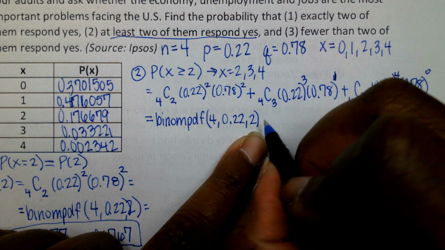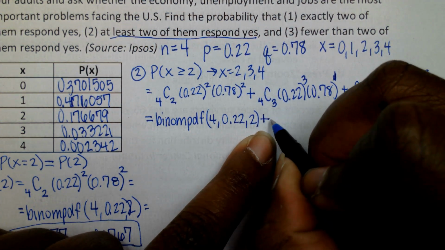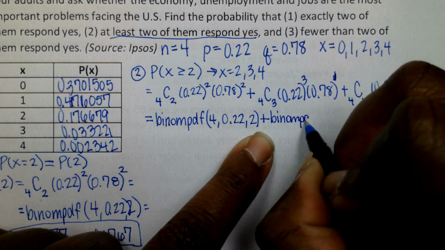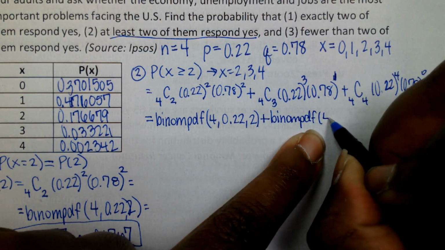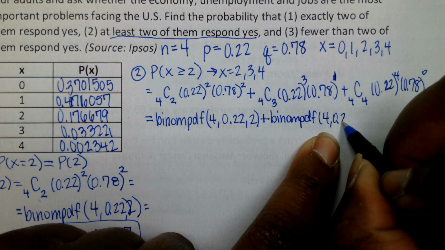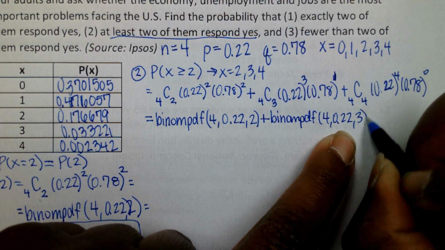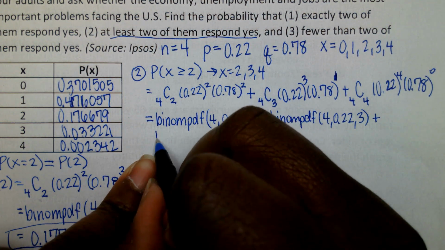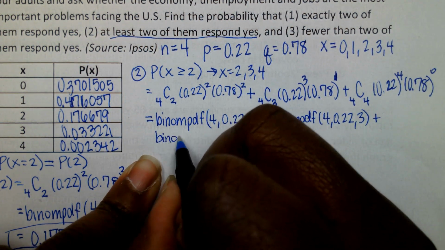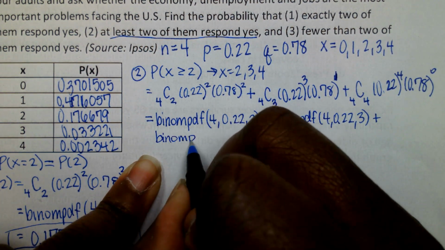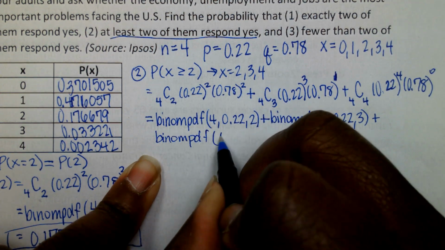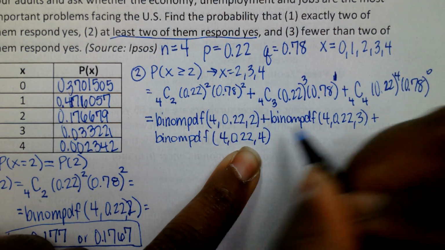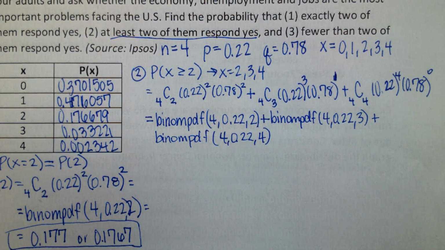Get that number plus binomial PDF 4, 0.22, 3. Get that number. Binomial PDF 4, 0.22, and then 4.